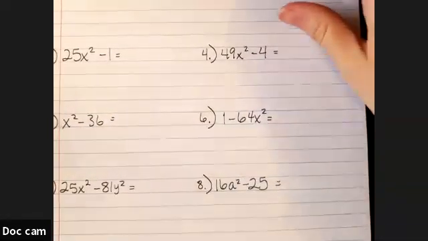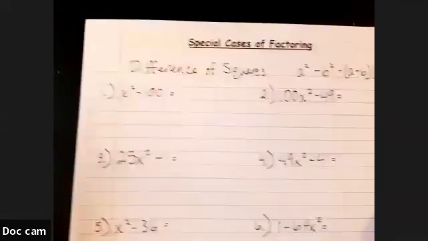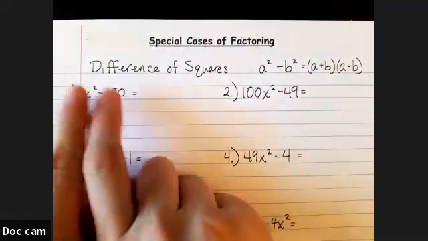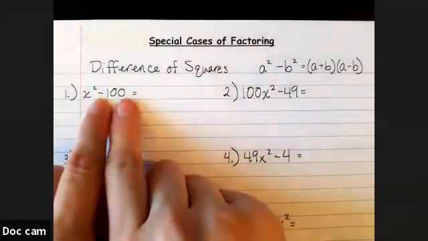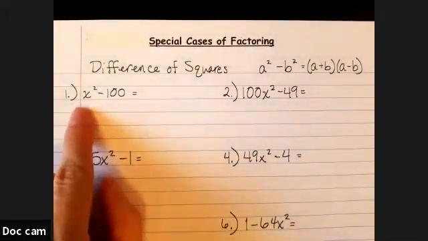Let's look at differences of squares. Differences of squares is a pretty easy type of factoring to do. Whenever you have two terms and both of them are perfect squares and then they're subtracted, there's a minus in the middle, that is what we call a difference of squares.